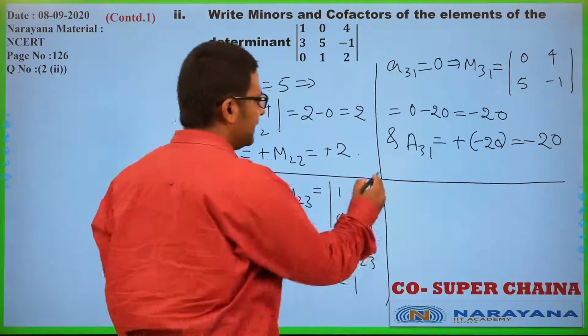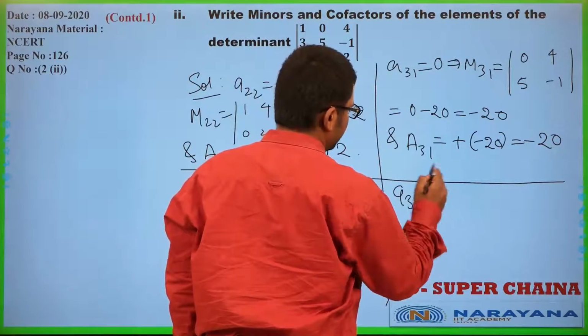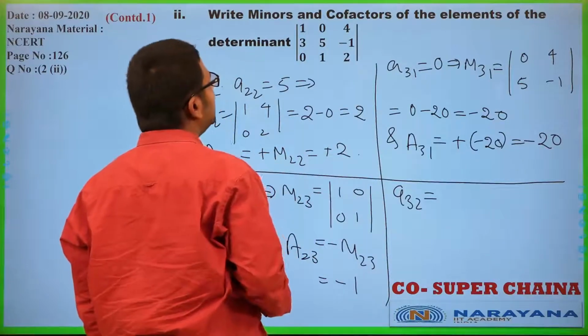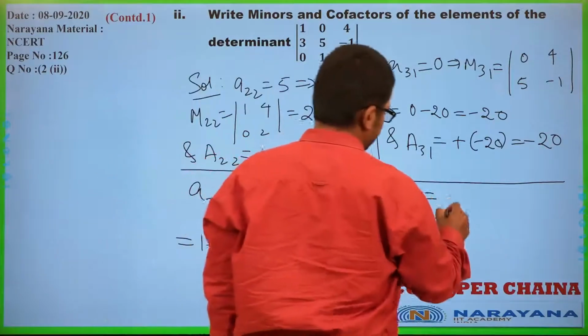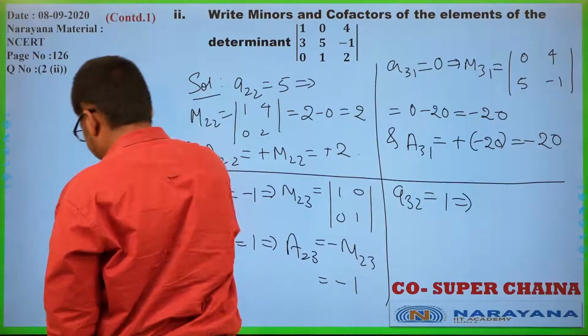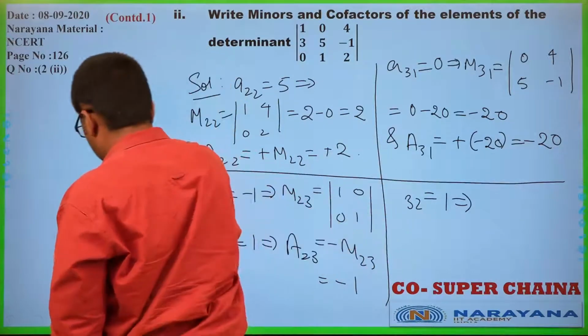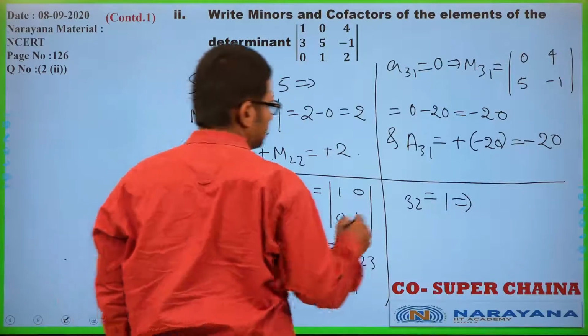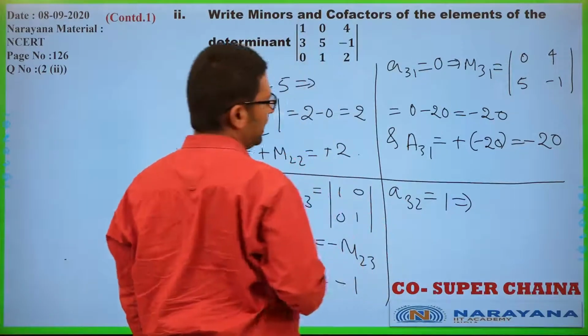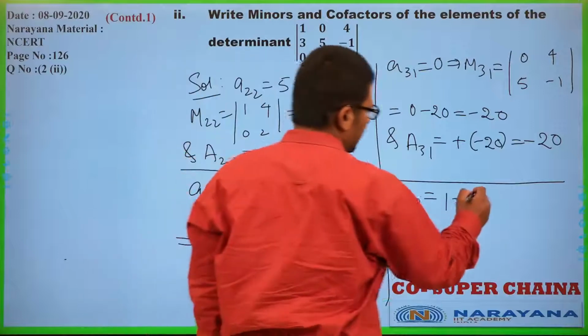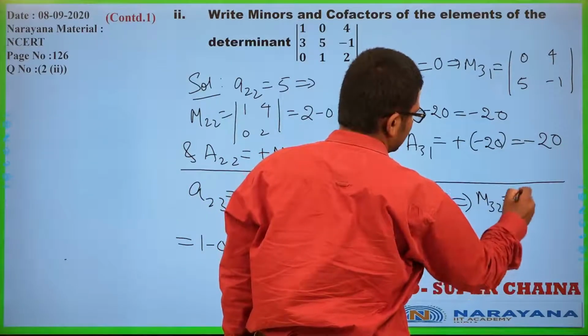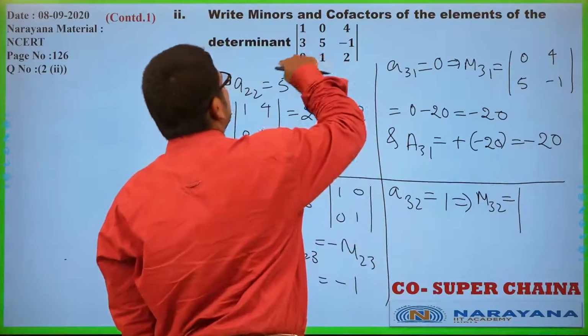Yeah? Then A32 is the element 1. Therefore, capital M32 is, leave that row, that column.